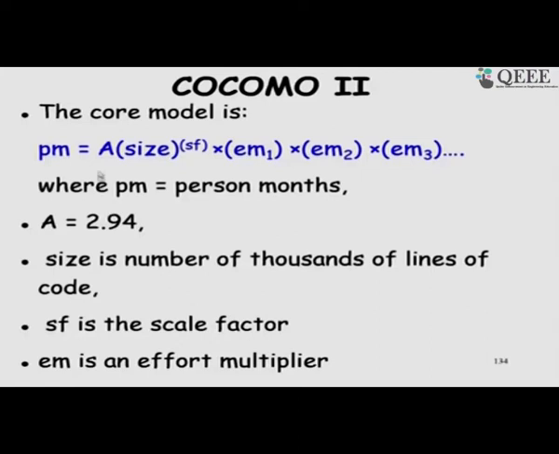So, again the basic model that is considered is very similar, value adjustment factor and size, and there is a scale factor which is the exponent, and then we have some modifiers which are multiplied, and we will see that this takes different shape if we look at the different COCOMO 2 models.